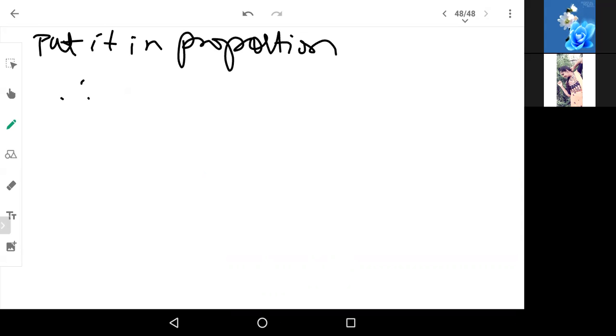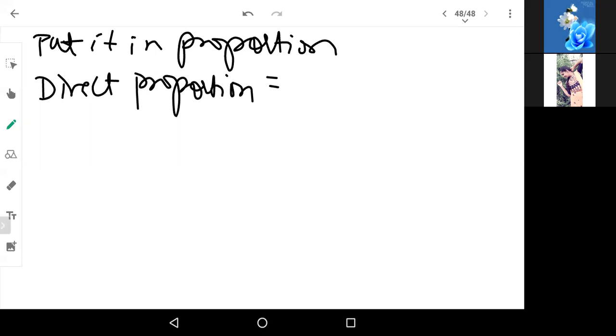So therefore what will happen? We will directly write: direct proportion is equal to 8:18 is equal to 200:X. X is equal to 450. Correct, Bindu. Good.